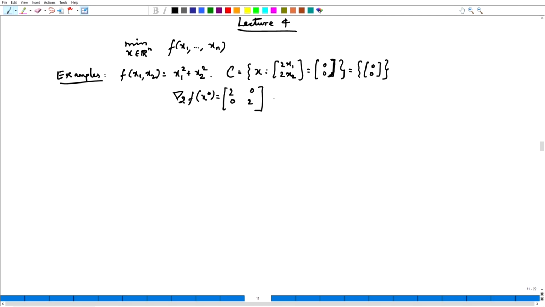And I need to check T transpose del 2 f of x star into T. Okay.